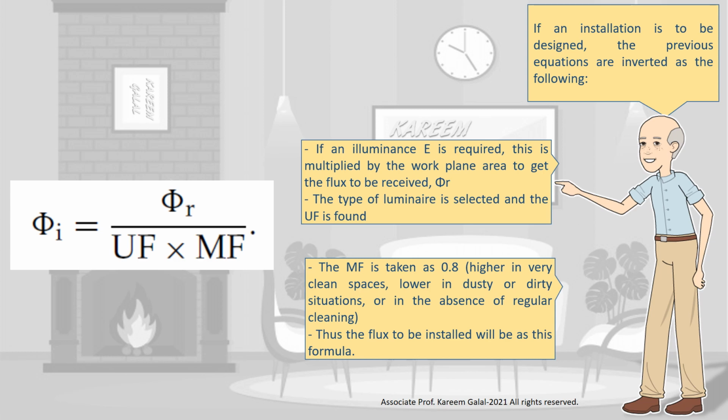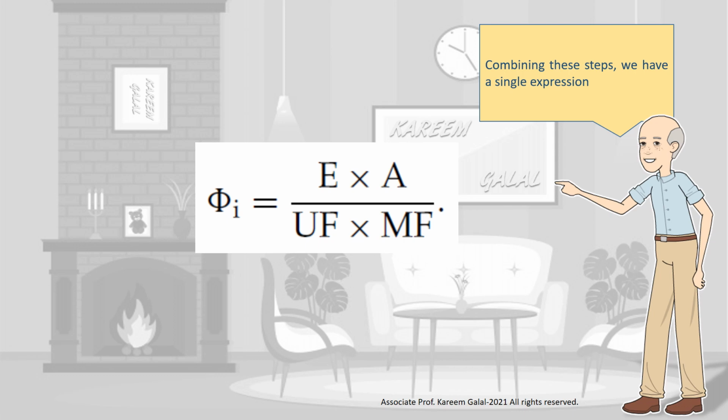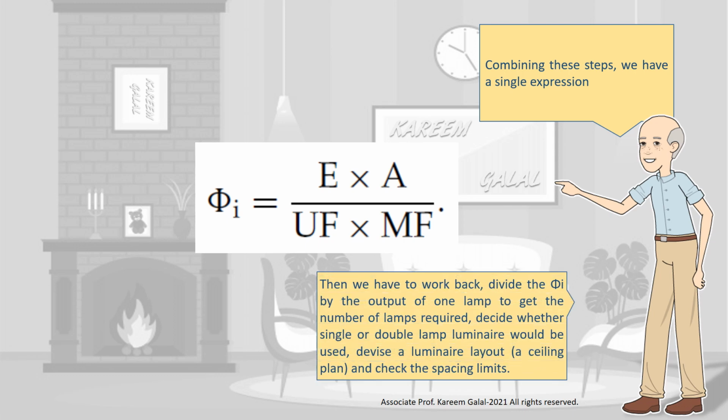Thus the flux to be installed will be as this formula. Combining these steps, we have a single expression. Then we have to work back, divide the phi I by the output of one lamp to get the number of lamps required, decide whether single or double lamp luminaire would be used, devise a luminaire layout, a ceiling plan, and check the spacing limits.